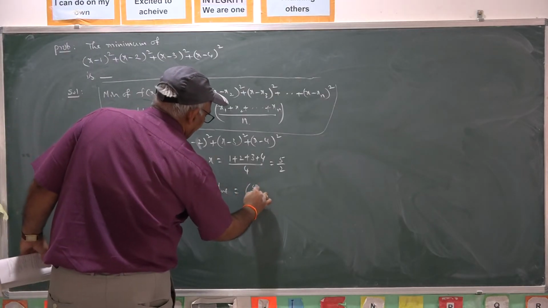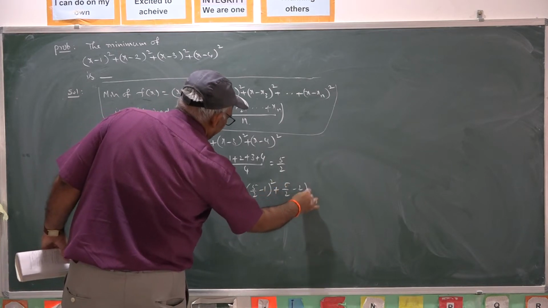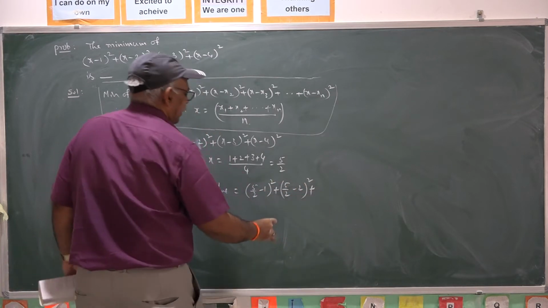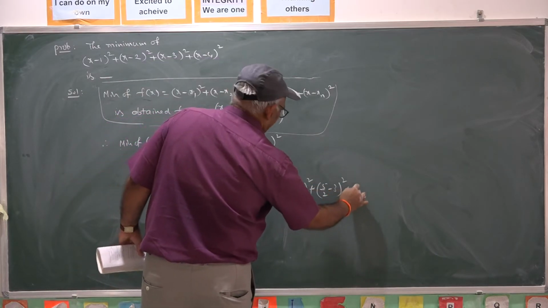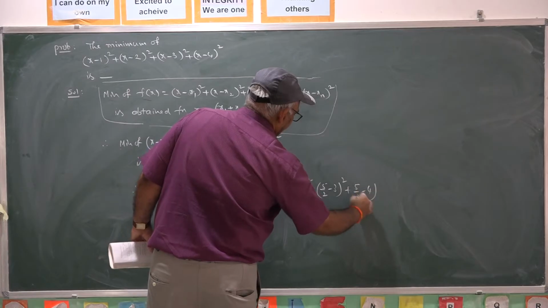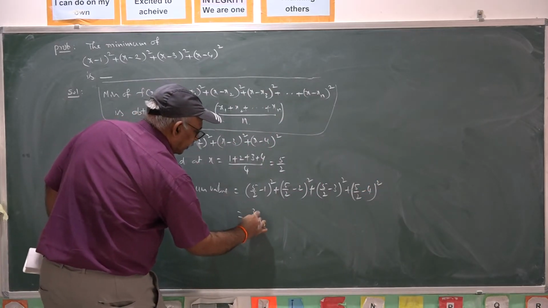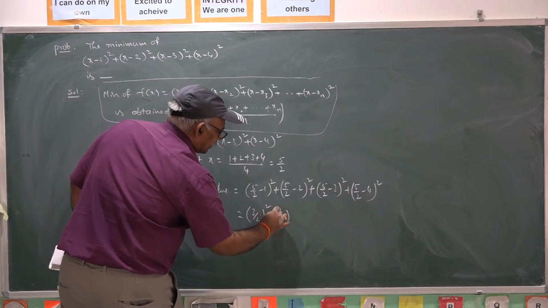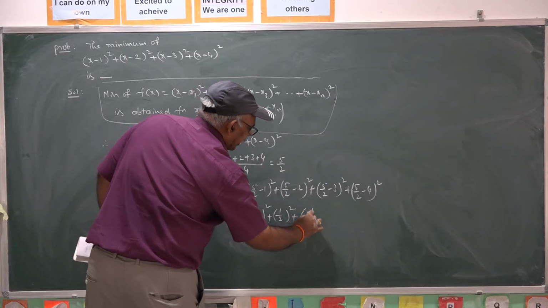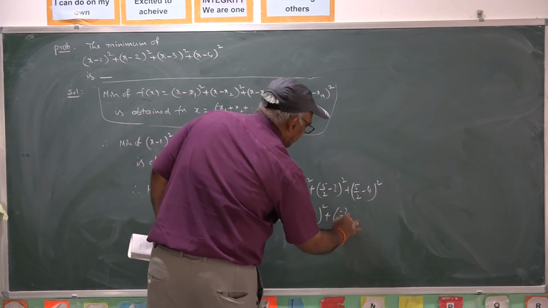Hence (5 by 2 minus 1) whole square, (5 by 2 minus 2) whole square, (5 by 2 minus 3) whole square, (5 by 2 minus 4) whole square. That is, this is (3 by 2) whole square, this is (1 by 2) whole square, this is (minus 1 by 2) whole square, this is (minus 3 by 2) whole square.